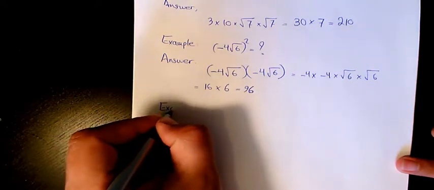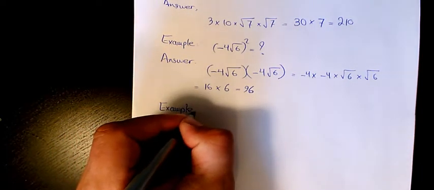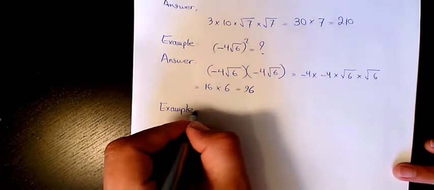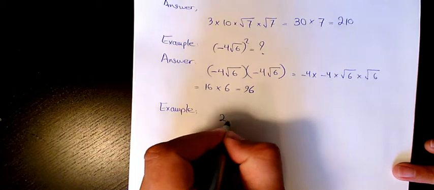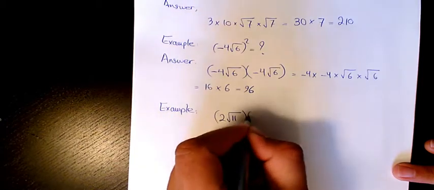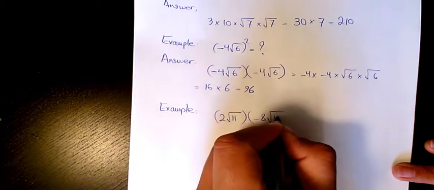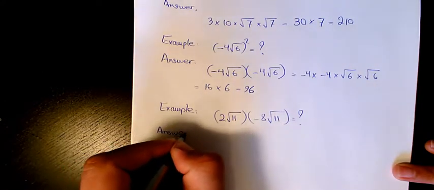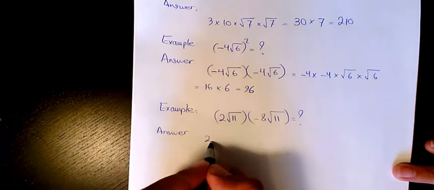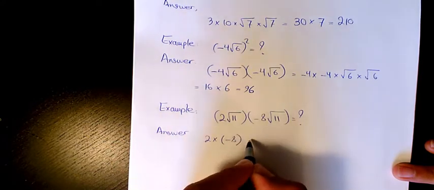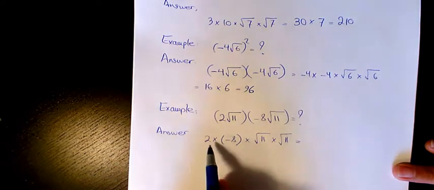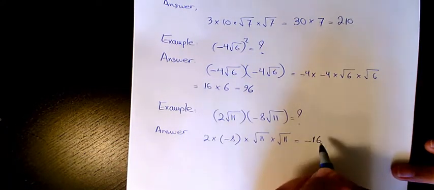Next example. We have 2 root 11 times negative 8 root 11. Answer is 2 times negative 8 times root 11 times root 11. 2 times negative 8 is going to be negative 16.